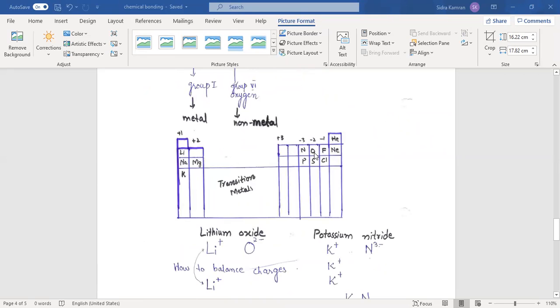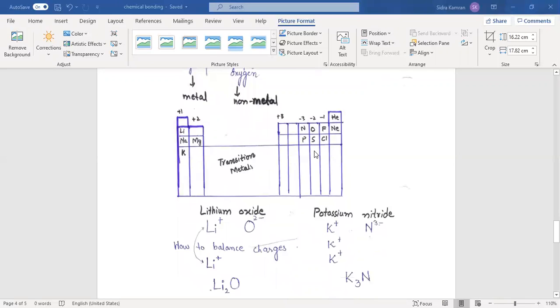Oxygen is in group 6A, with valency -2, because it has 6 electrons in its outermost shell and lacks 2 electrons. So oxygen needs 2 electrons to complete its octet, and because of its electronegativity, it will take electrons. And metals, due to their low or weak electronegativity, will lose electrons.